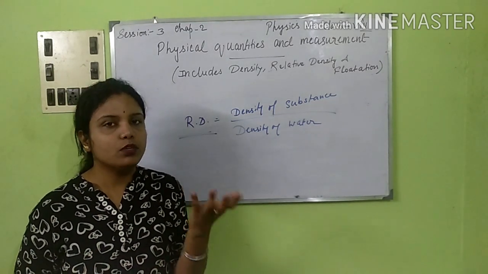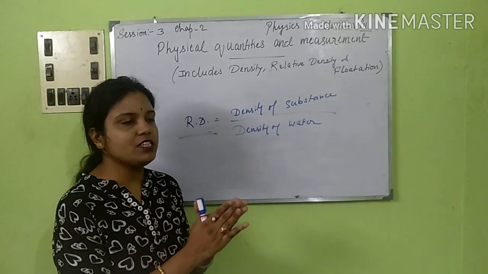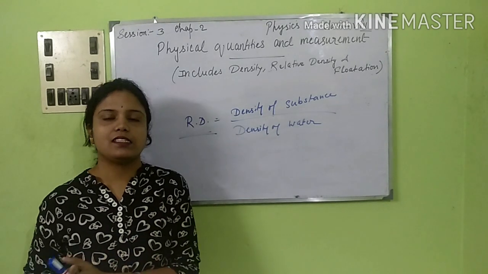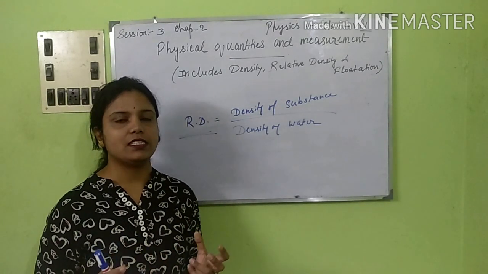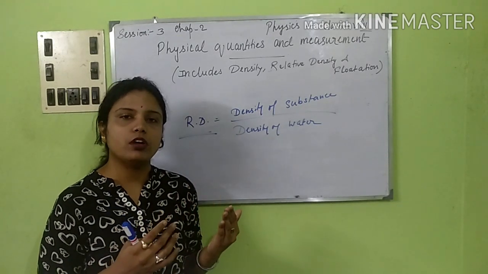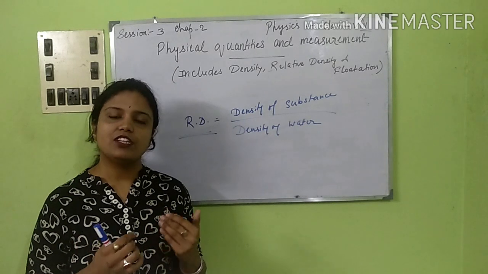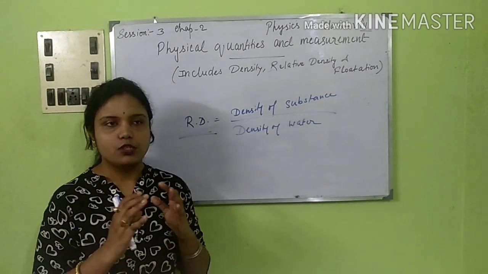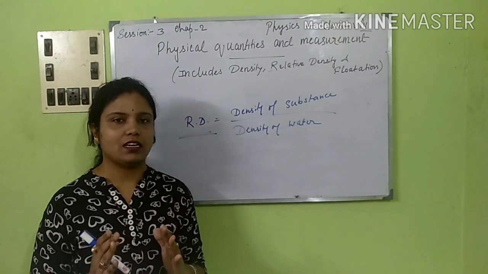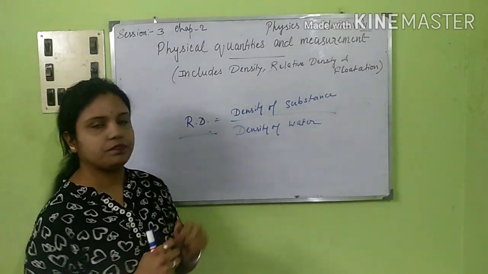That is why the wood floats, because the density of the wood is less than the density of the water. So obviously it depends on the density. If the density of the substance is more, it sinks. If the density of the substance is less, it will float. So sinking or floating depends completely on the density.